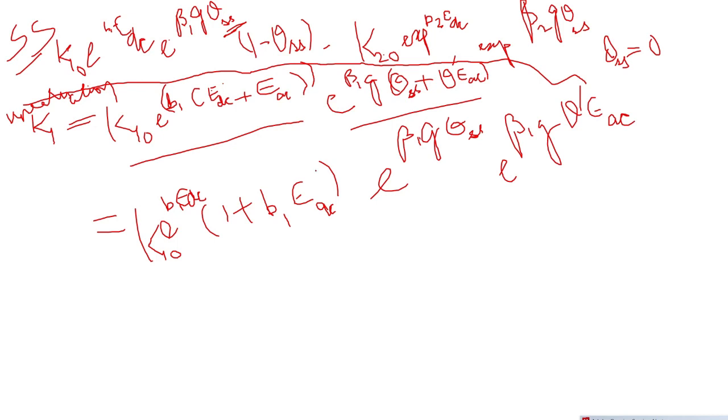But here, in the Frumkin isotherm, this part is multiplied in, because potential is also dependent upon theta. So K1 naught e to the power B1 EDC into exponential of B1 G theta SS is K1 DC. You should be careful on that. When it comes to the Frumkin isotherm, K1 DC is no longer K1 naught into e to the power B1 EDC alone; along with that, there will be another term, exponential B1 G theta SS. Now, whatever is left is written.